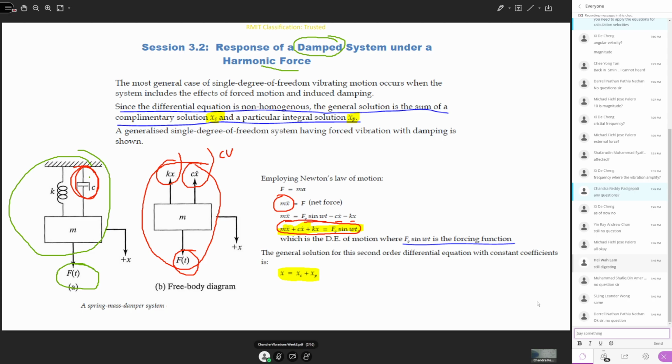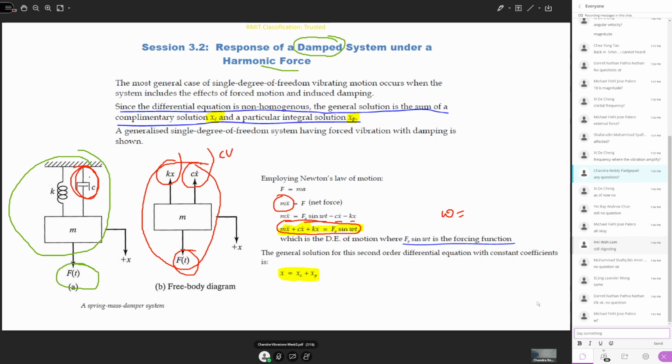So what is the frequency of the external force, guys? Can you tell me the frequency of the external force? Yeah, so omega is the, that's correct, Michael. So omega is the external force frequency.